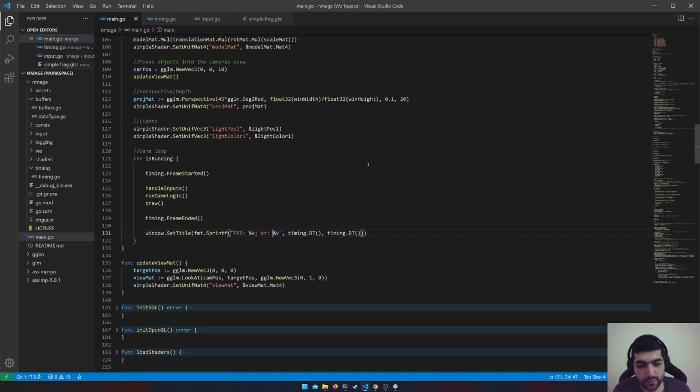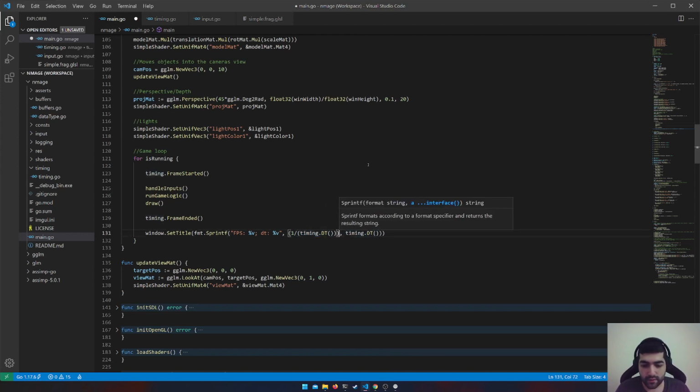So for FPS, I think FPS is how many times it is going to run per second. So what we have is a time period, how long it took for one frame. So probably we can just divide, if I got my math right.